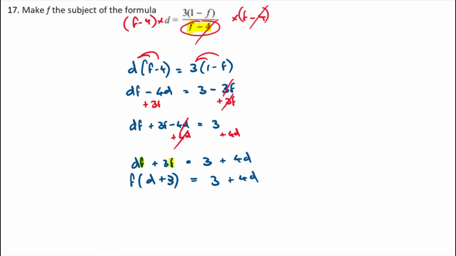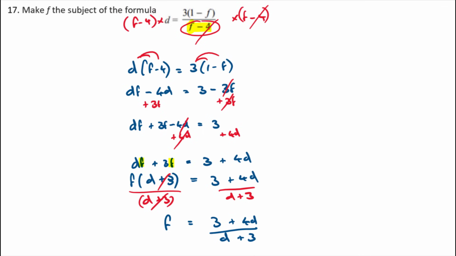And then finally I can divide both sides by D plus 3. And so then that will cancel with that. And it'll leave me with F on the left hand side, and I'm going to get 3 plus 4D over D plus 3.